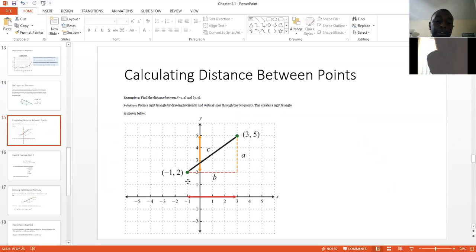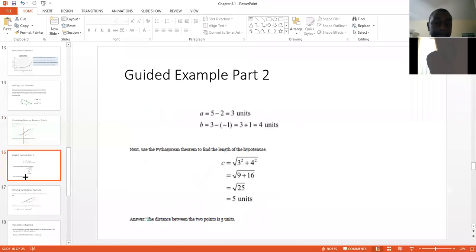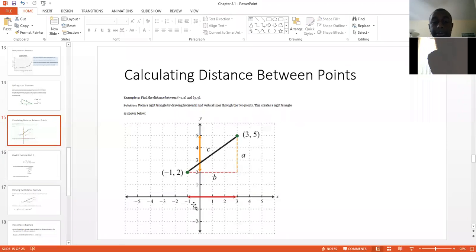The x-coordinate on (-1, -1) is -1, and the x-coordinate on (2, 3) is 2. So -1 minus 2, absolute value, because distance is never negative. So this is 3 units across.